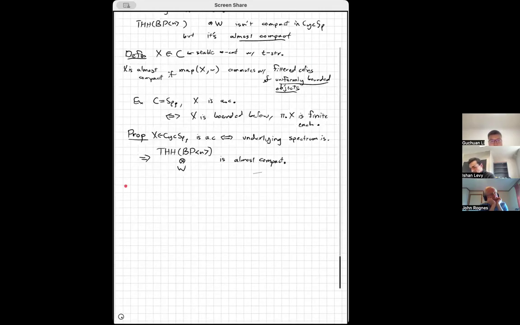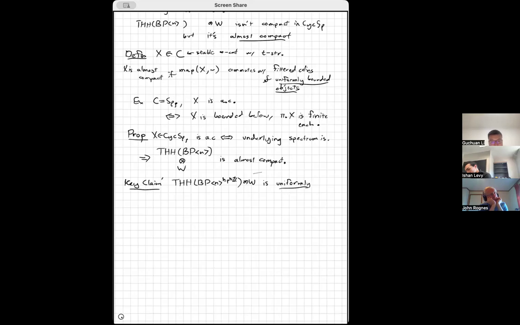And so that's actually the more refined version of this key claim that we had earlier. I'll call it key claim prime, which is that what you need to know is that THH of BPN, fixed points by p^k Z and tensored with W, is uniformly bounded in K, in cyclotomic spectra.